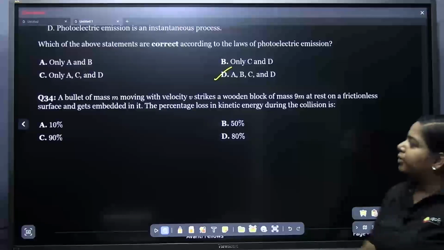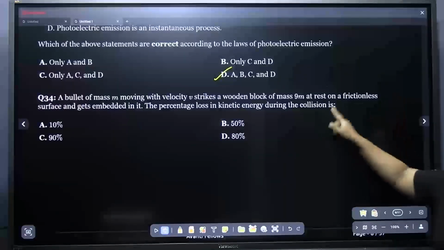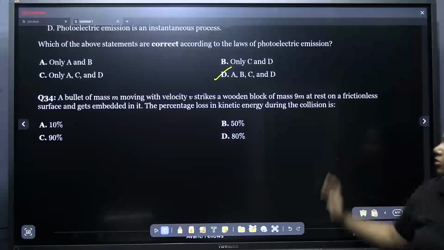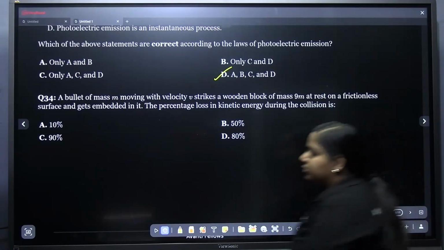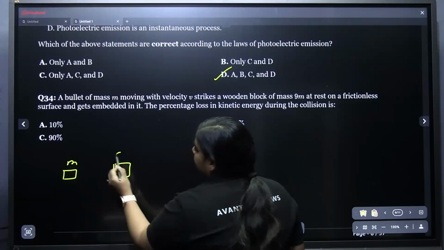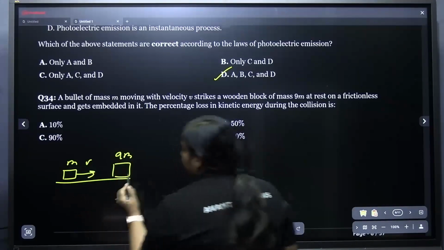Next one, a bullet of mass m moving with velocity v strikes a wooden block of mass 9m at rest on a frictionless surface and gets embedded in it. Percentage loss of kinetic energy? Okay, so this is a collision problem. Mass m is coming with velocity v, and 9m mass is at rest.